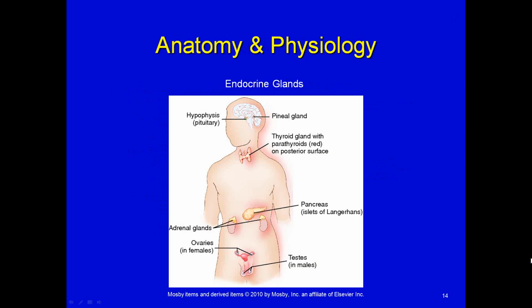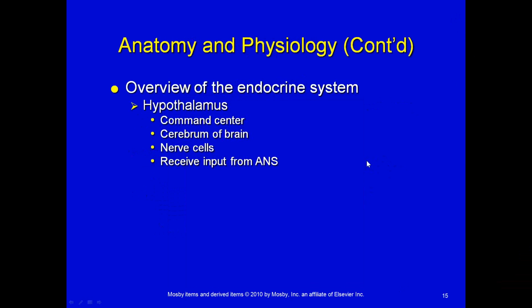Then we have the thyroid glands located on either side of the trachea in the neck, and the parathyroid glands located on the posterior surface of the thyroid glands. They're not showing the thymus gland, which is located under the sternum. And then the pancreas, located in the abdomen, the adrenals located on top of each kidney, and then the gonads, including the ovaries in women, and the fallopian tubes, and the testes or testicles in men.